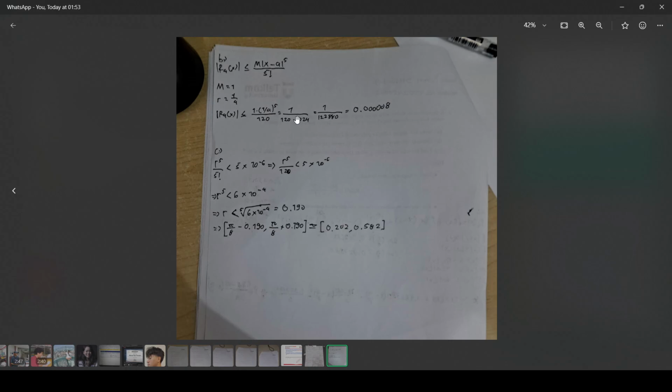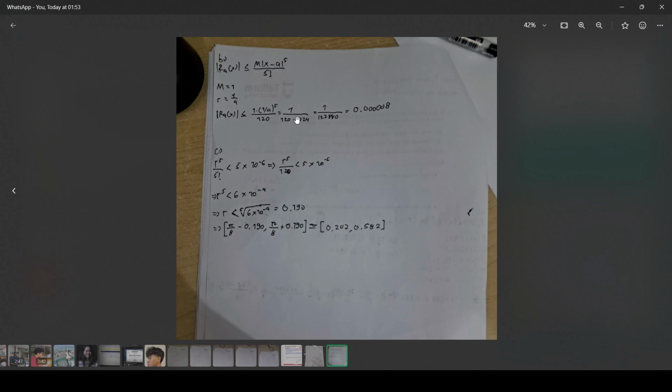And here r is less than, moving the power from r to the other side, the fifth root of 6 times 10 to the power of minus 4, and this value is 0.190.